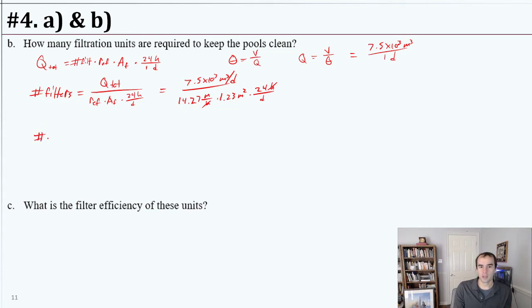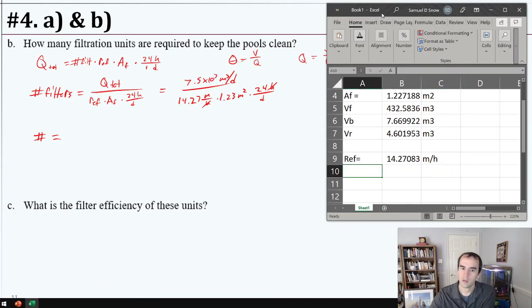So when we do that calculation, let's do that together real fast. I'll go ahead and write it out as 7,500 cubic meters per day, that's our flow rate, divided by 14.27, times the area of the filter, calculated there, times 24 hours per day.